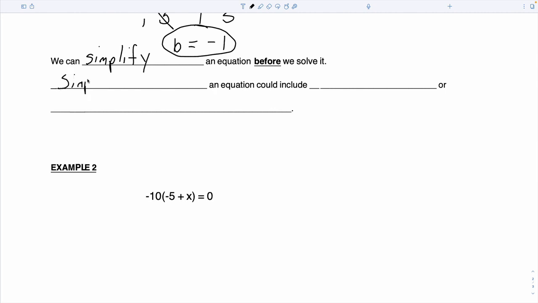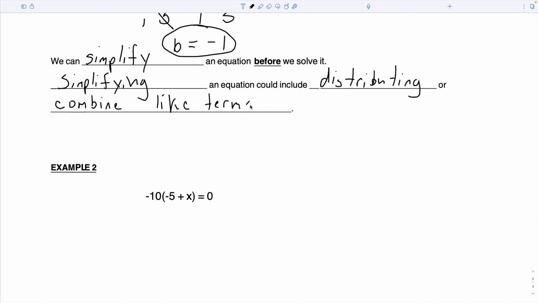Simplifying an equation could include distributing, which is what we did today. And tomorrow, we're going to look at another way to simplify called combine like terms. Today our focus is just the first one.